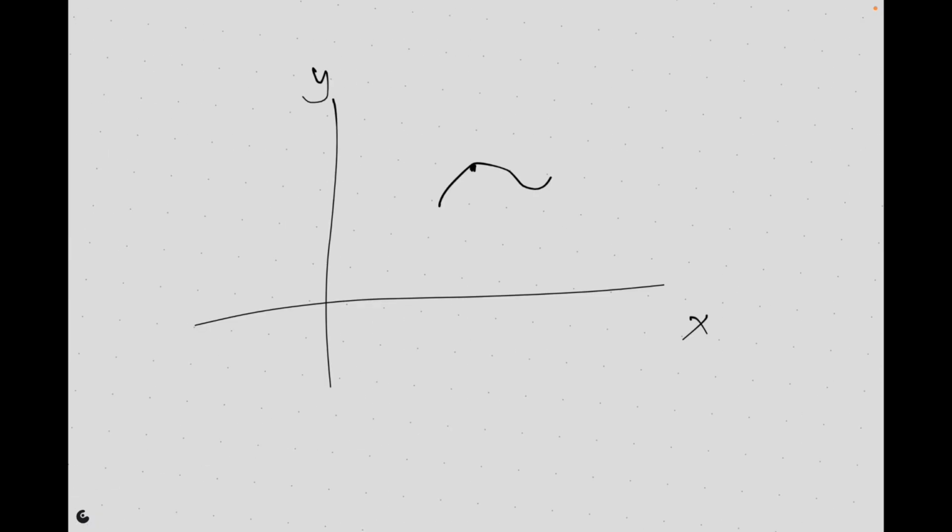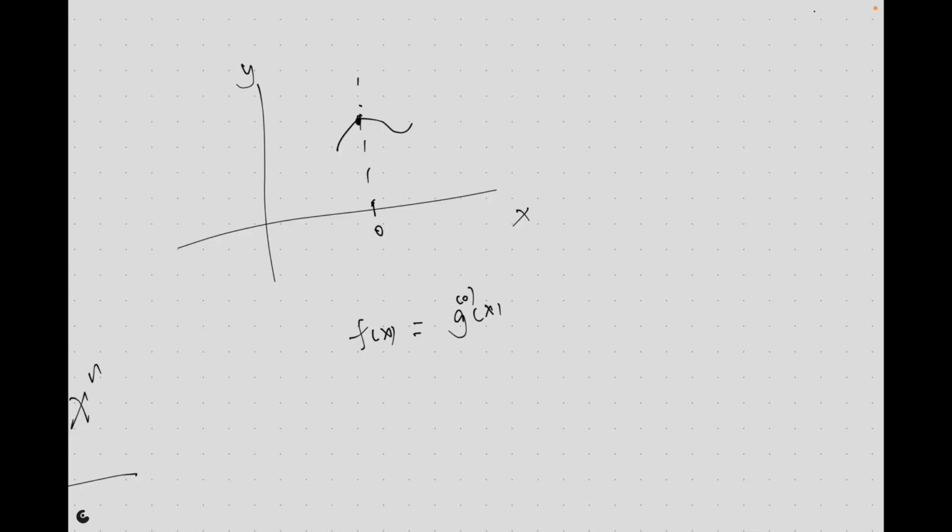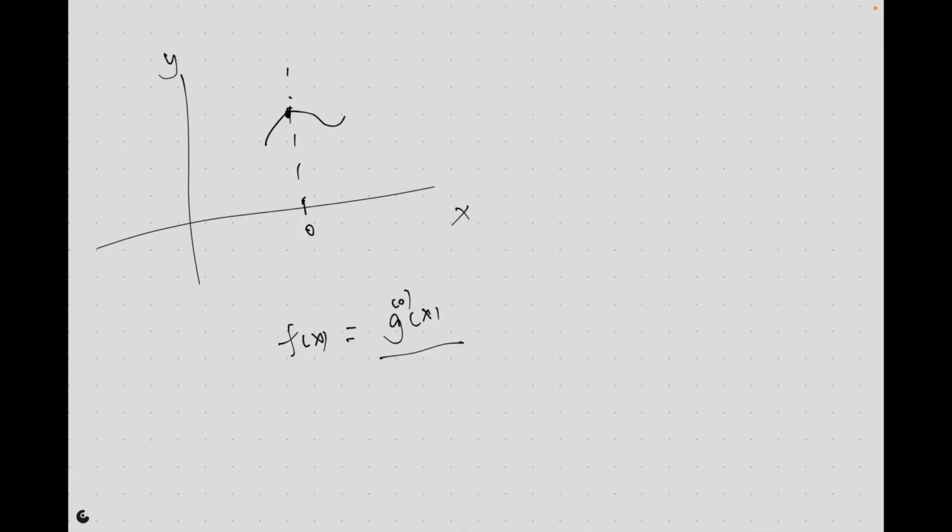If we want to approximate this function around this point, we can say that, okay, let's call it g of x. Zeroth order of g of x is equal to f of x. Make it simple at point 0. Zeroth derivative of g of x is equal to the function f of x.